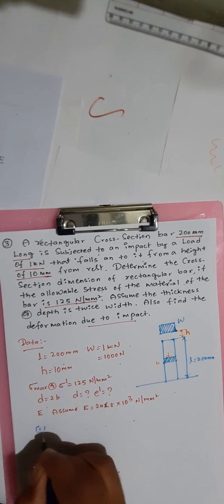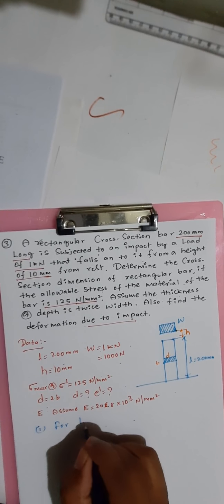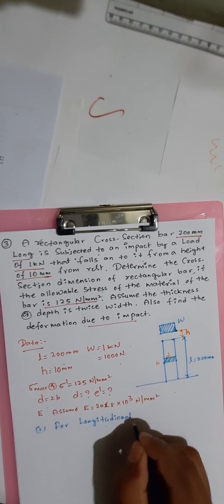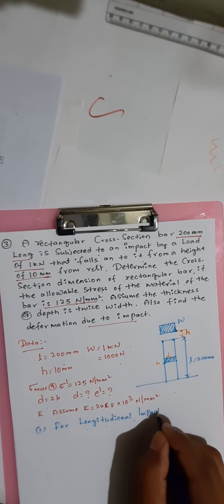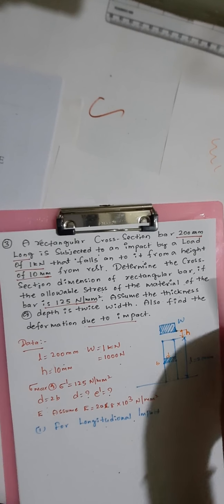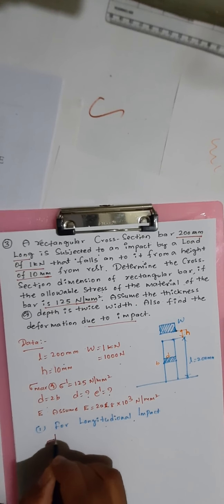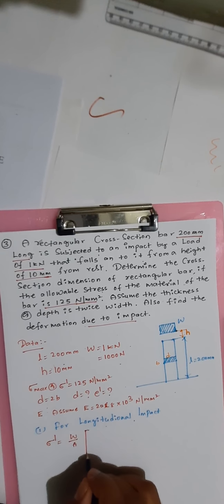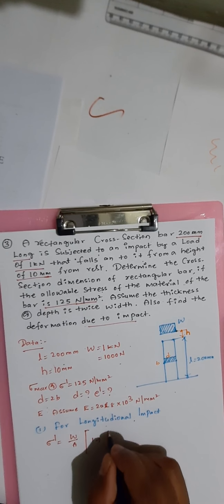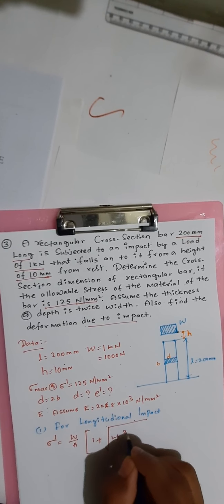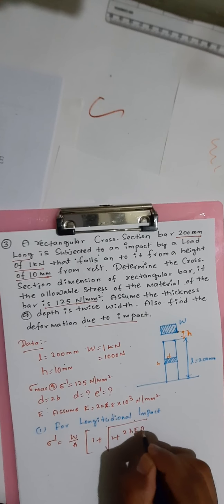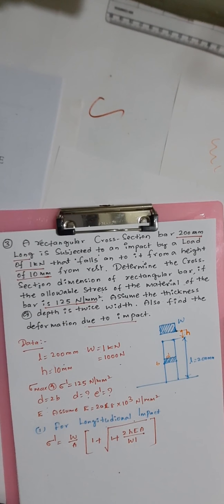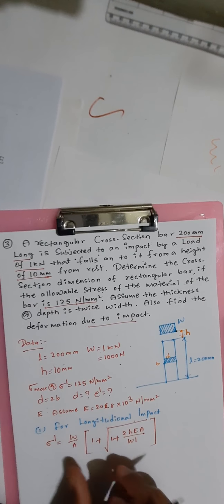The first condition for longitudinal impact: sigma dash is equal to W by A into 1 plus square root of 1 plus 2HEA divided by WL. We substitute all the values into this equation.